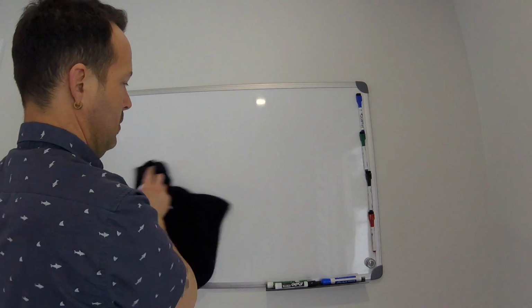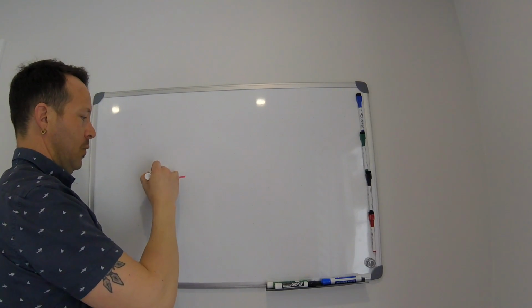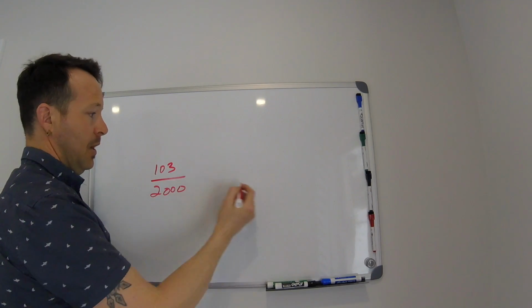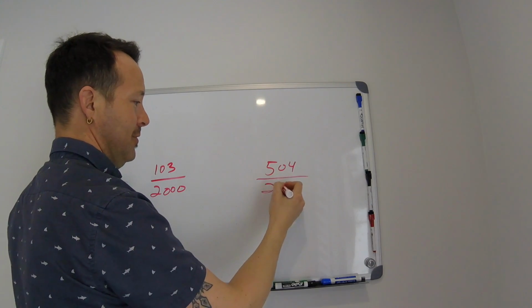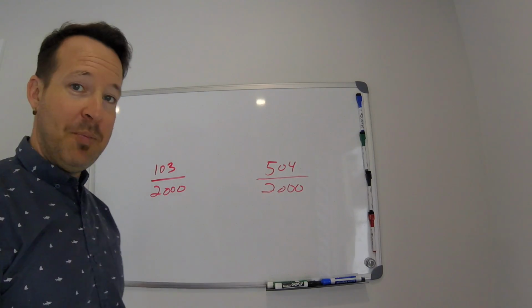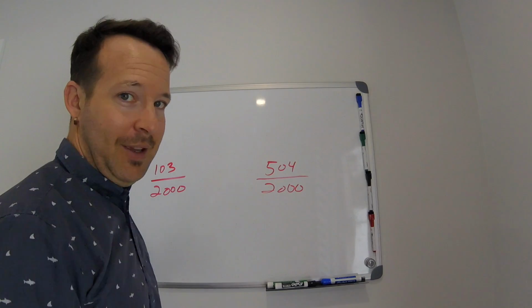Let's do one more. Let's do 103 over 2,000 and 504 over 2,000. Let's pick a fraction between these two. Why are the numbers so big? I have no idea.